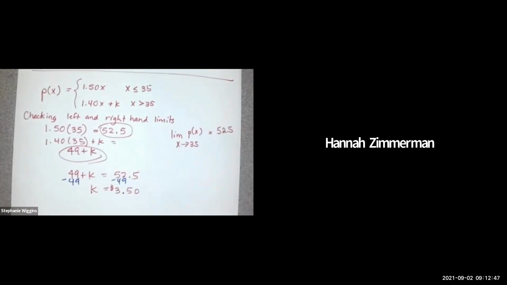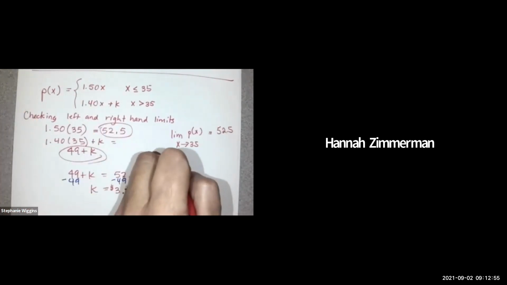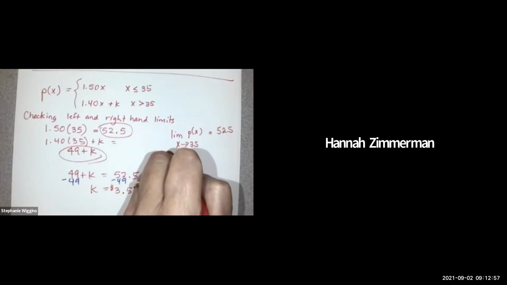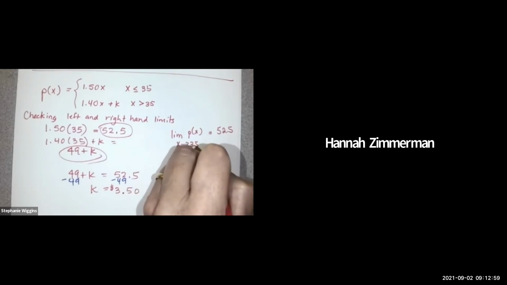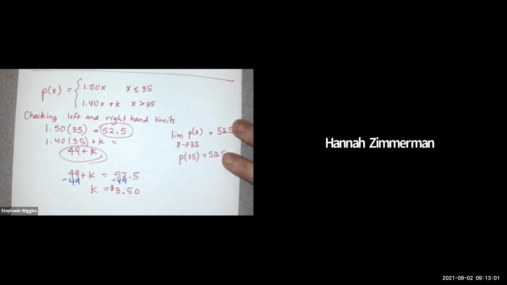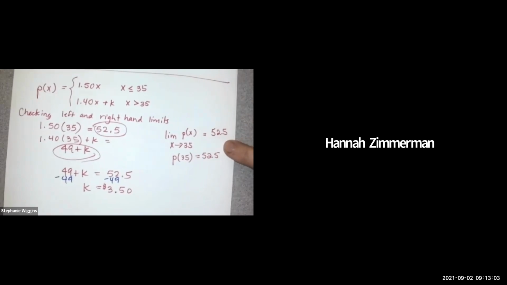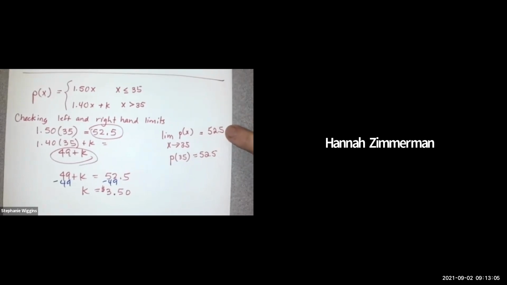And when you plug in x equals 35 right here, you get 52.5. So the value at 35 is also equal to 52.5. And this is the requirement for continuity. You have to have the limit exist, and it has to equal the function value. So there you have it.